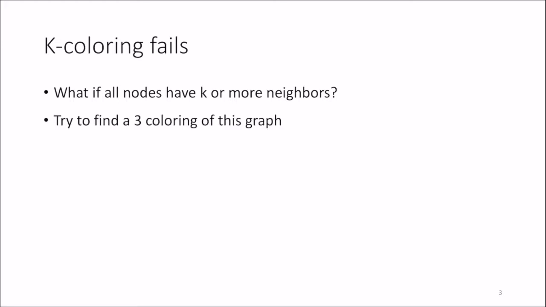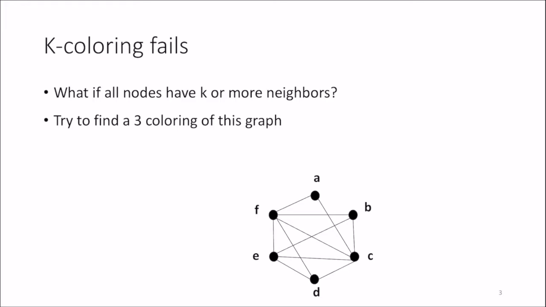So if you want to find the k coloring of this graph where k equals 3, you find that that's not possible. It's not possible to assign 3 colors such that a node connected to another node by an edge has to have a different color from that other node. In this case, if you look at this node C over here, it's connected to 1, 2, 3, 4 different nodes.